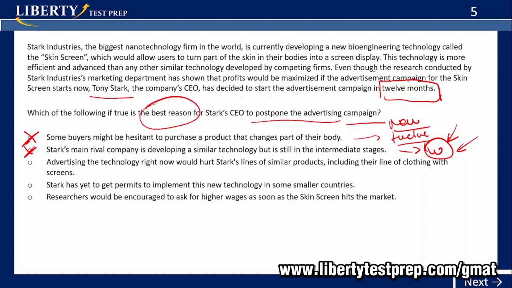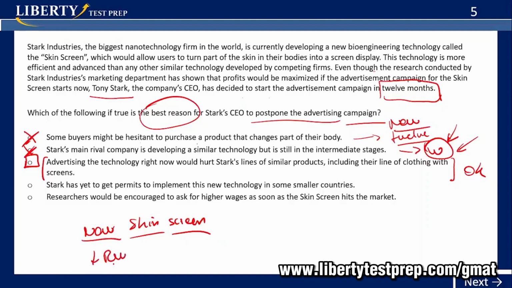Let us see. Advertising the technology right now would hurt Stark's lines of similar products, including their line of clothing with screens. Now, this one seems okay. This one's the answer. Why? Because if you advertise now, of course you're gonna have revenues from the sales of the skin screen. Again, that's a sexy name, right? But then you're gonna lose revenues from your line of clothing with screens.